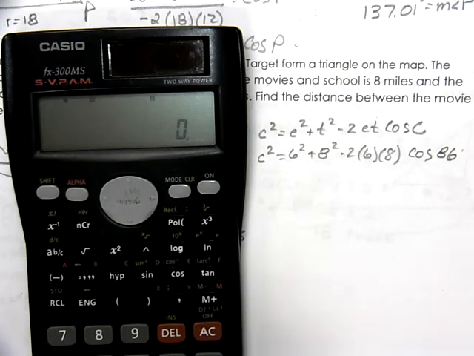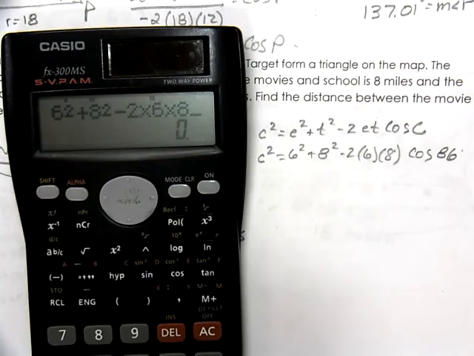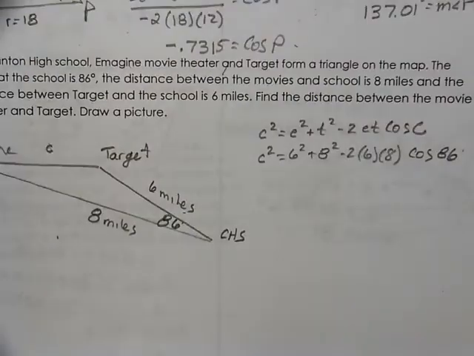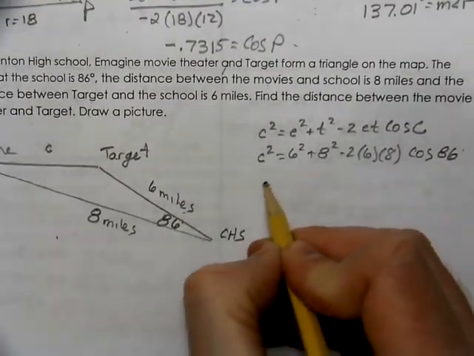So, using our calculator, 6 squared plus 8 squared minus 2 times 6 times 8 times the cosine of 86. And we get the value of 93.30.